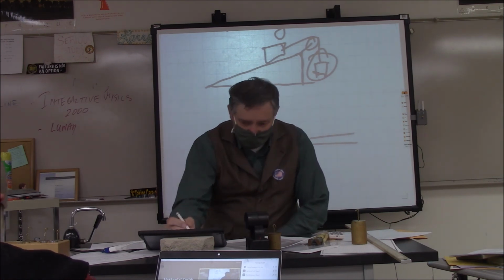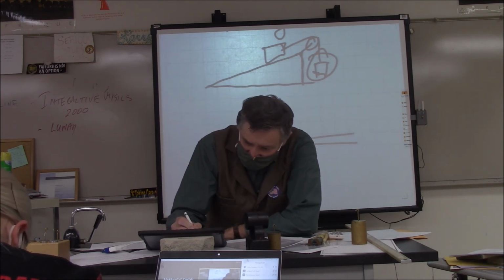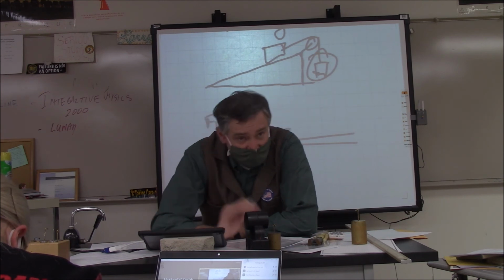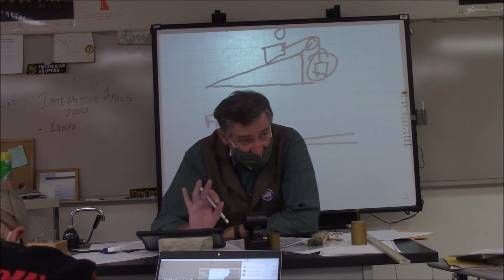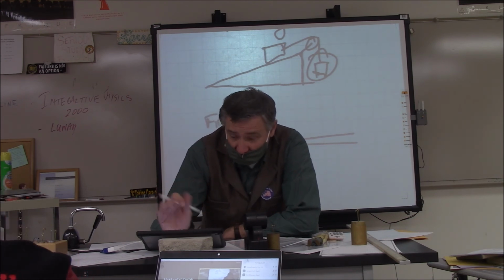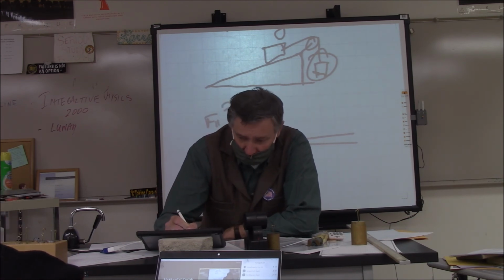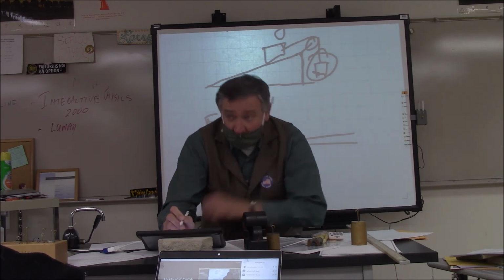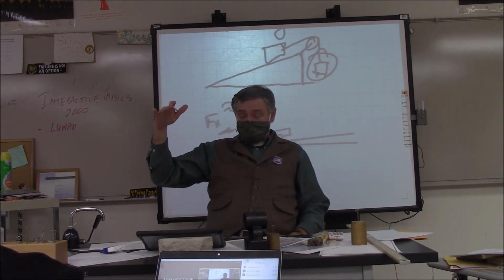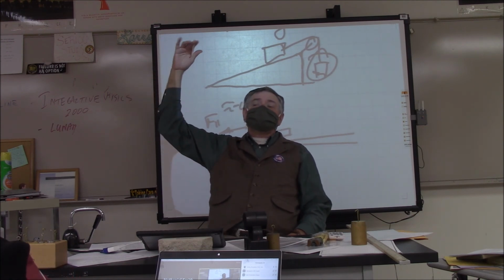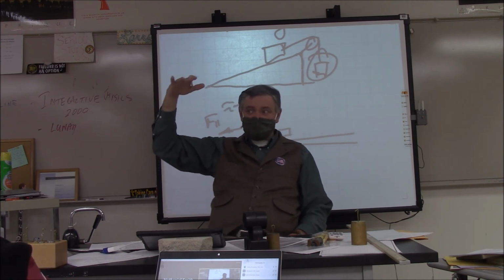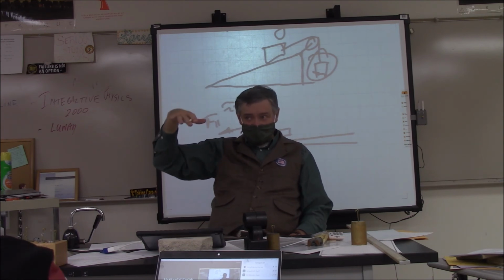So the only force to make that thing move is the force parallel. That force parallel should be something around negative 0.3 newtons, okay? This is how I want this system defined. You've got the weight of the cart at a 2.1 degree angle. That force parallel is going to be something around negative 0.3 newtons.